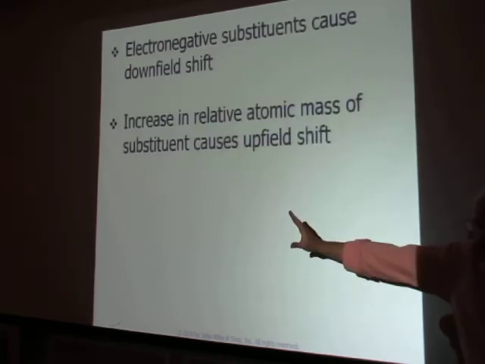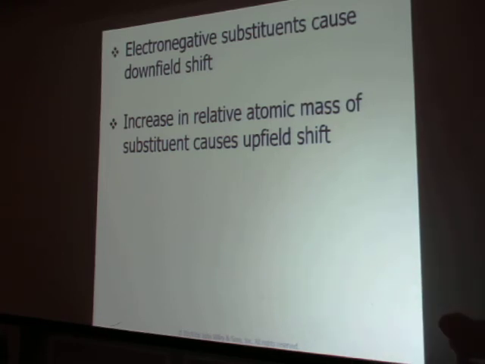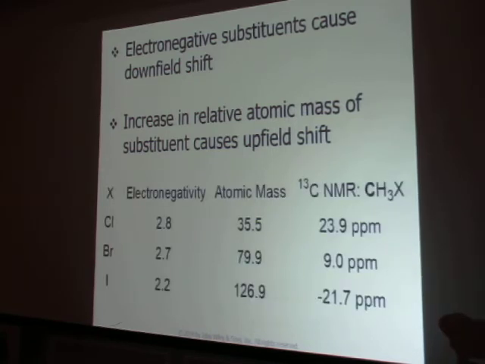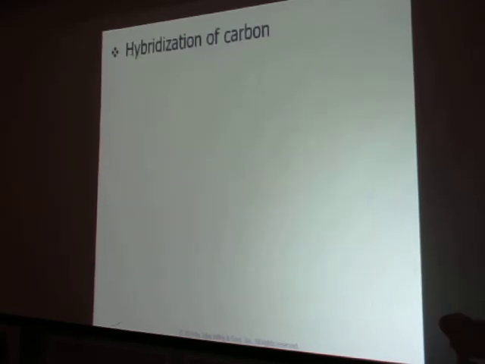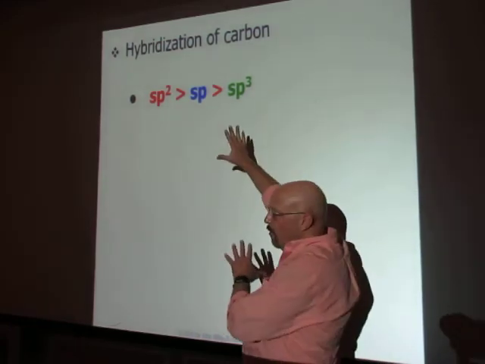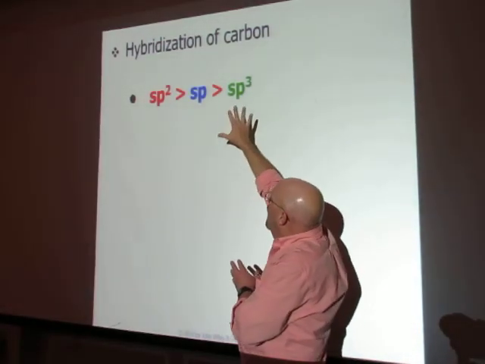Electronegative atoms will shift things downfield. So if you have a carbon with a bromine on it or a carbon with an oxygen on it, they get shifted downfield. Hybridization of the carbon matters. Now this is a weird order. I can't explain it, but this is the order that you have for your carbons.